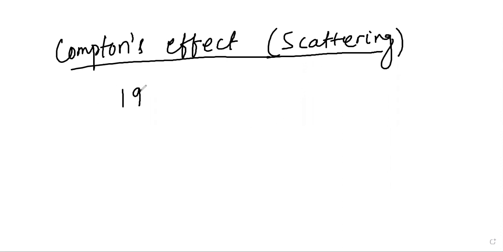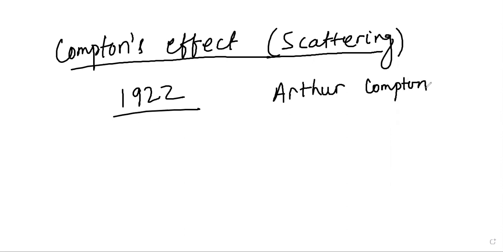So in 1922, the American physicist Arthur Compton was investigating the scattering of X-rays by different substances, and he observed that the scattered X-rays, in addition to radiation of the initial wavelength lambda of the X-ray, also contain rays of greater wavelength lambda prime.